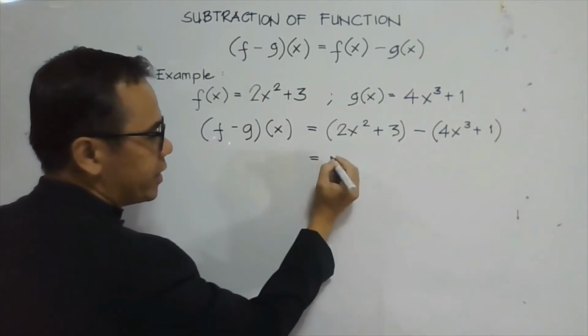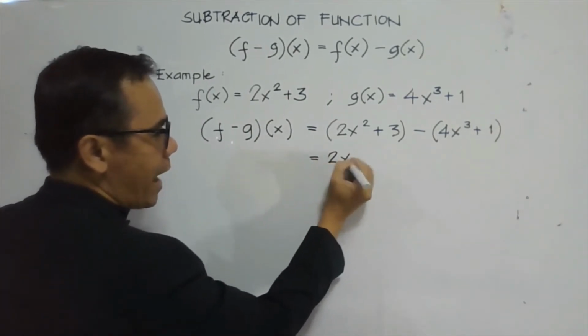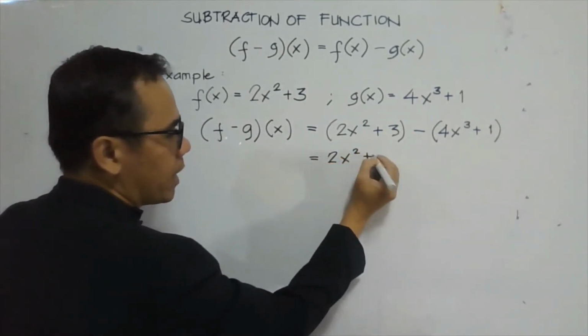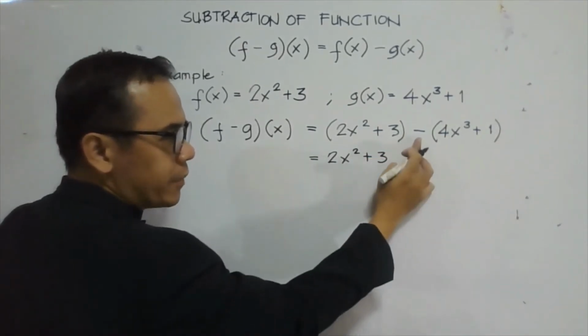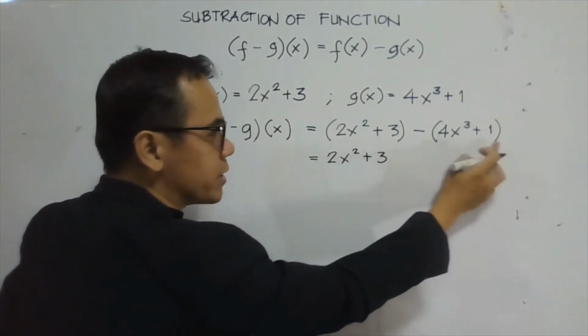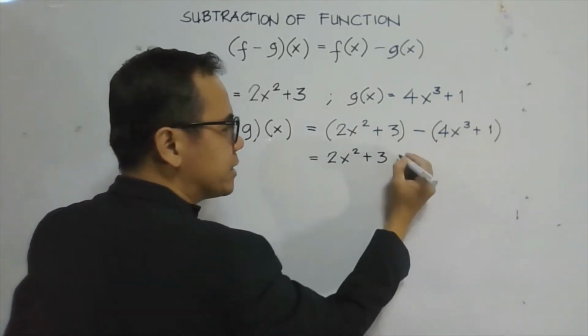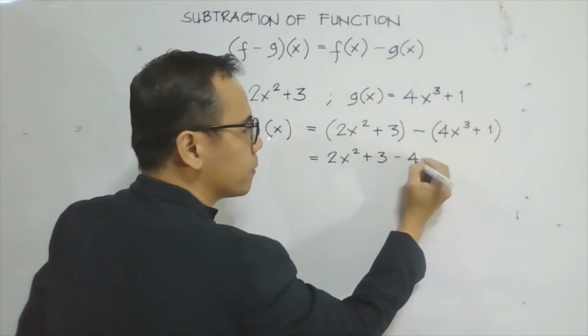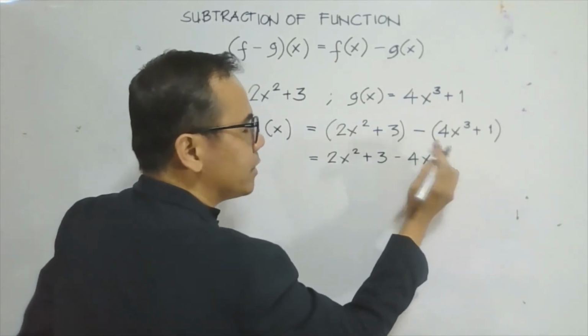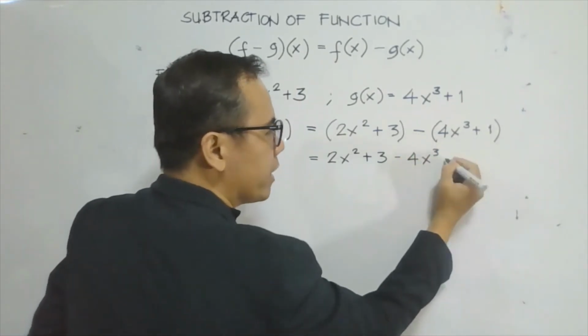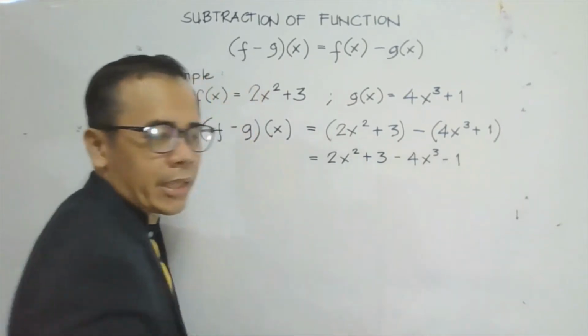So we have here 2x squared plus 3. And then let's distribute the negative sign to the terms inside the parentheses. So we have negative times 4x cubed is equal to negative 4x cubed. And then negative times positive 1 is equal to negative 1.